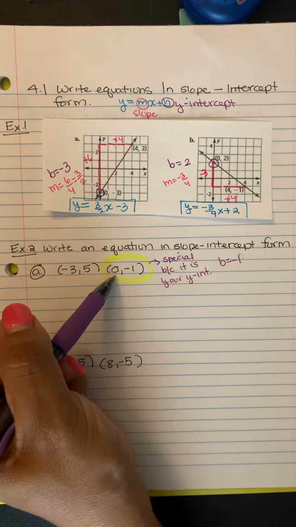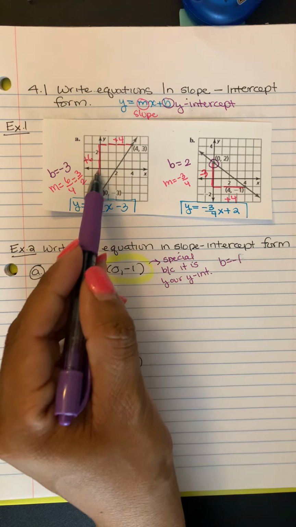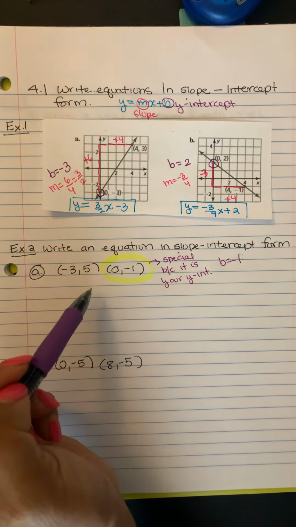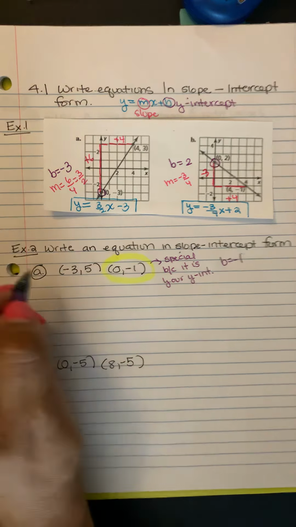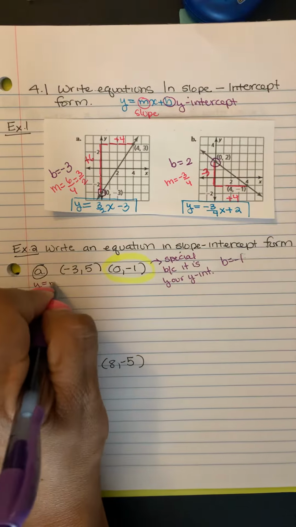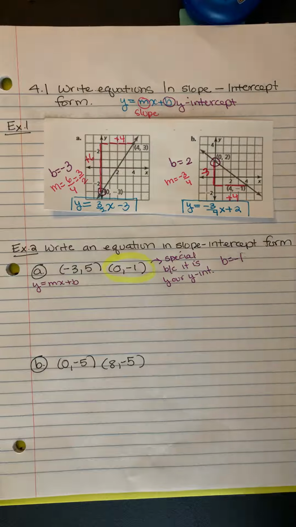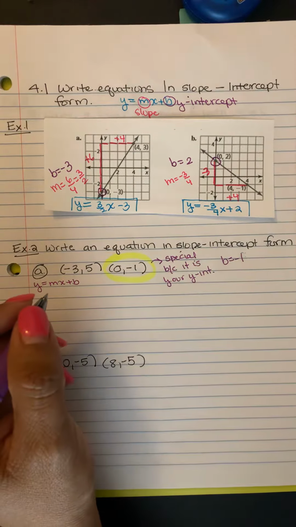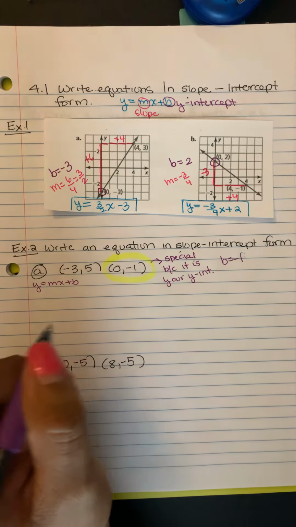Only because if I were to visually look at this on a number line, it would be 0, go down 1, and that's where it crosses my y-axis. So sometimes you are going to have some special points. Sometimes you're not. So remember, anytime that I'm putting in slope-intercept form, I need 2 things. I need my slope and my y-intercept.